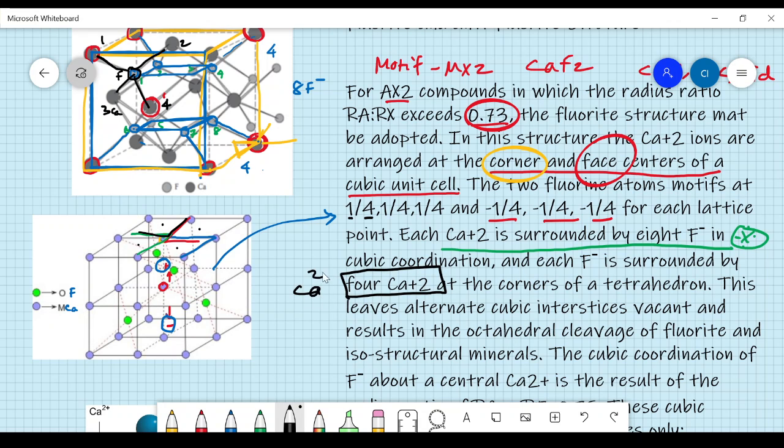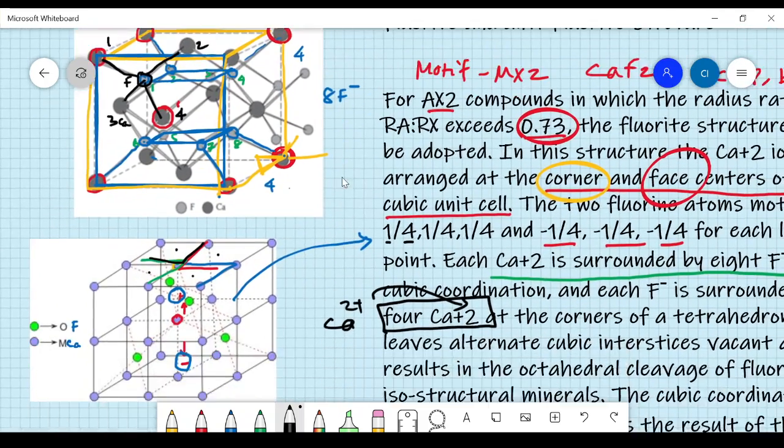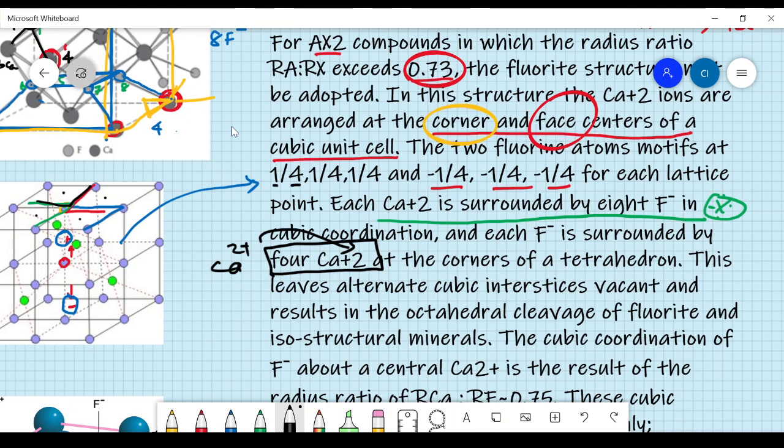The Ca2+ ions are at the corners of a tetrahedron. You need to recall how we mentioned the corners of a tetrahedron. If I draw a tetrahedron, one atom I put here, another one here, and here.